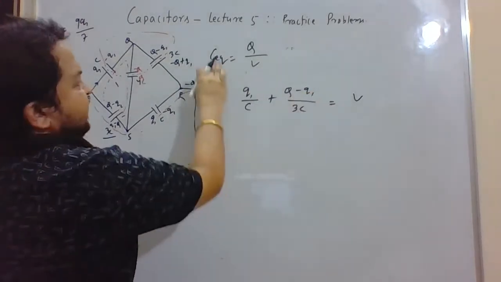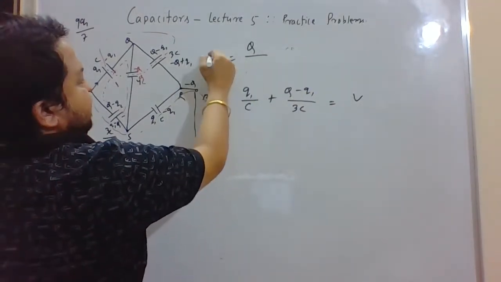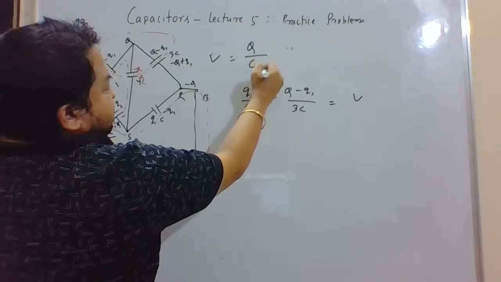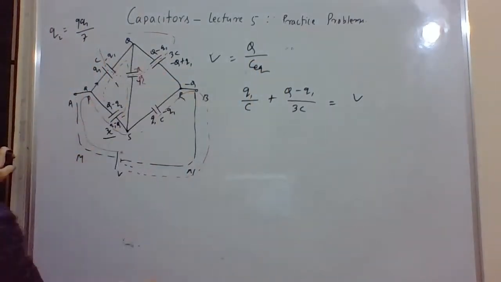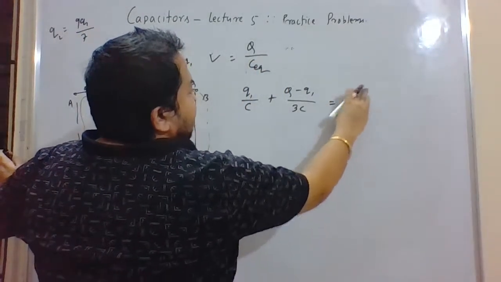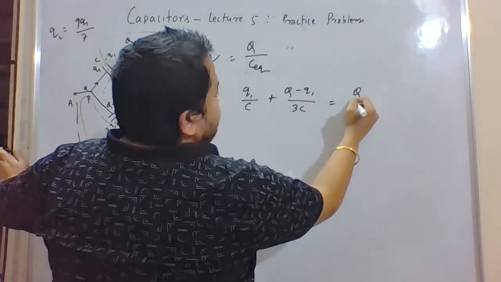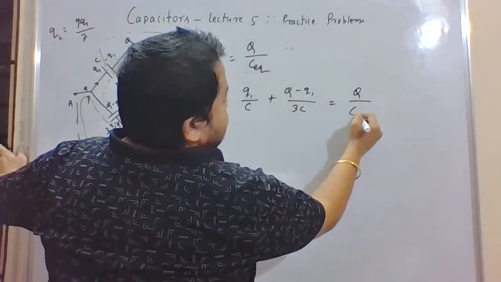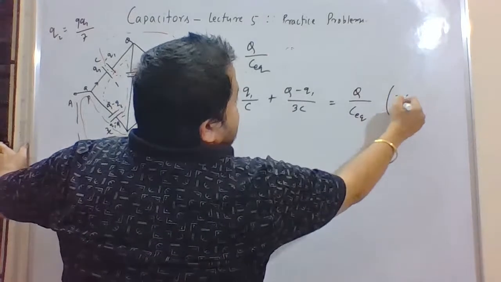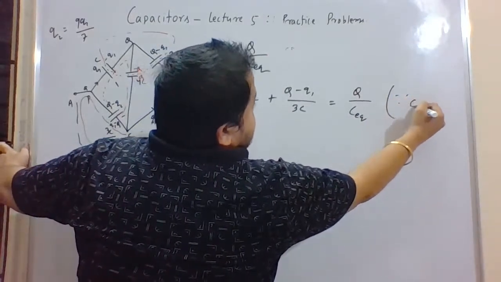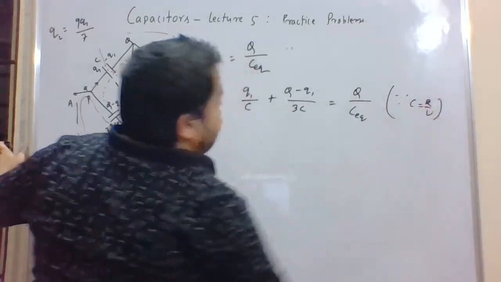Or I can say V is nothing but Q by C equivalent. So I'll just use this. In place of V, I'll write Q by C equivalent, because C equals Q by V.